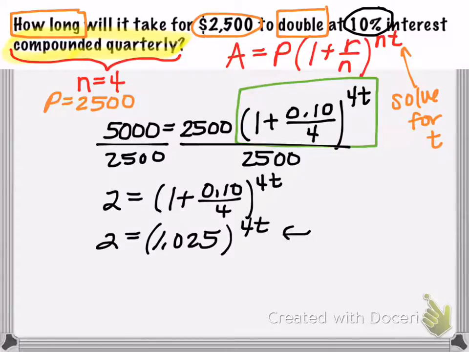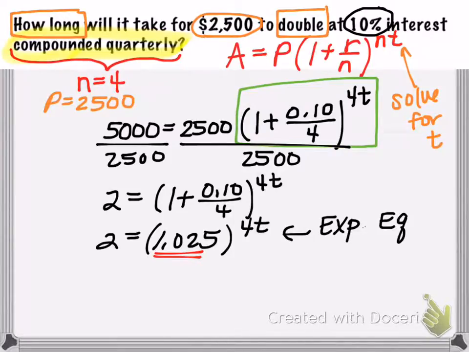So what we have here is an exponential equation. So we have two options to solve exponential equations. You can either rewrite this equation in log form, or you could take the log of both sides of the equation. And I prefer to write it in log form. Remember that you're always going to start with your base. So the base of this exponential equation is 1.025.